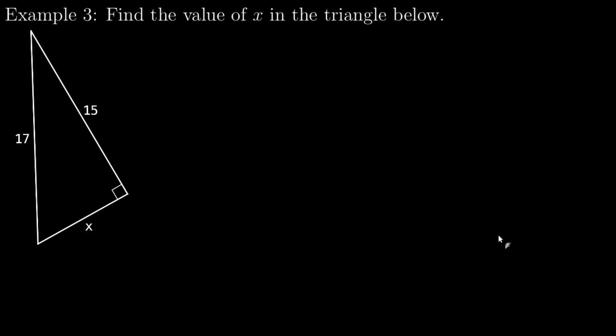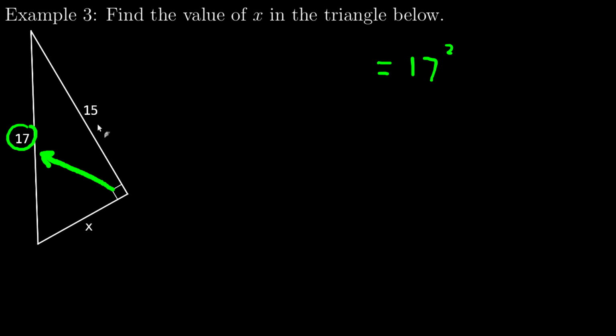Alright, last example for this video, and this is the case I was talking about earlier. I find which side is c, and notice when I go to my right angle and go across my triangle, it's not x here, it's 17. So 17 should be the one that's by itself in this c squared section.